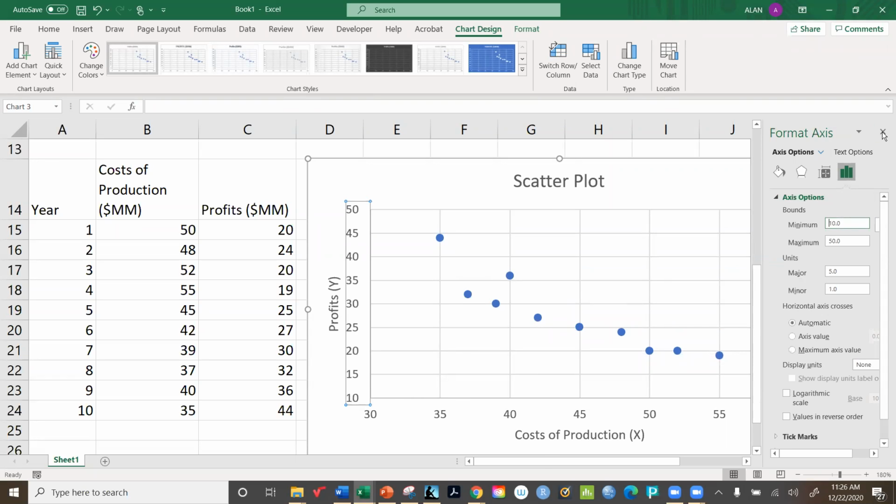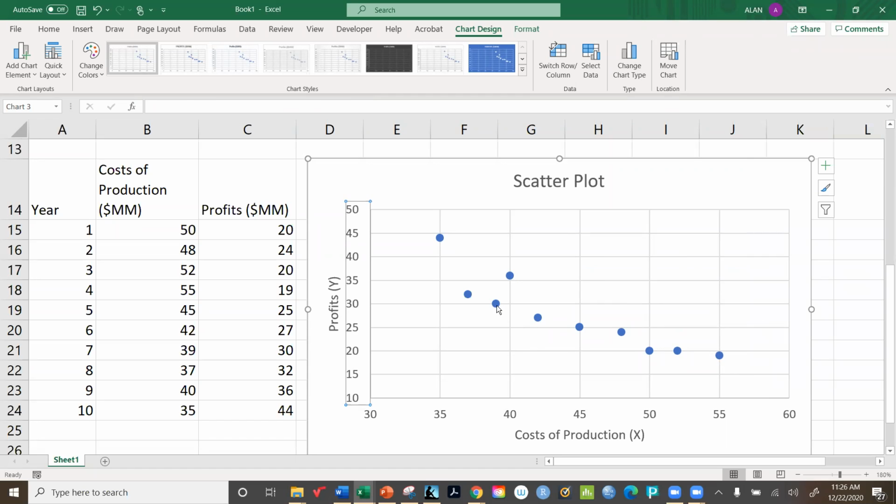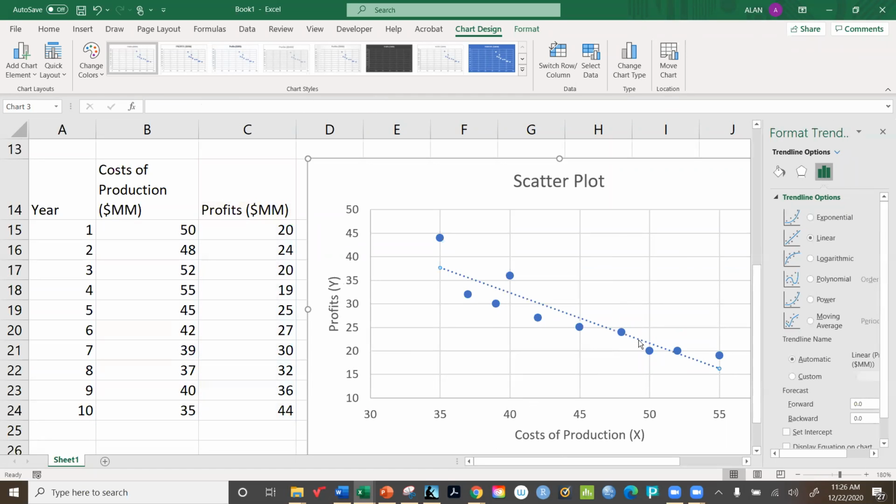All right, that's better. And I'll add a trend line so you can see that the slope is negative.